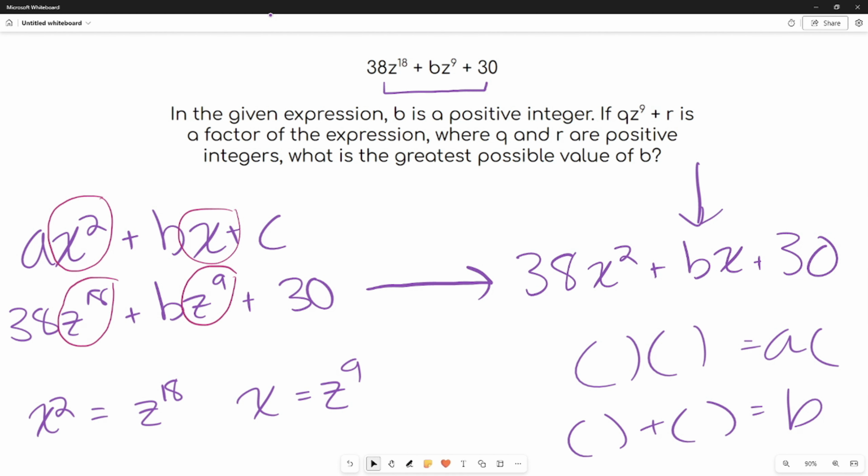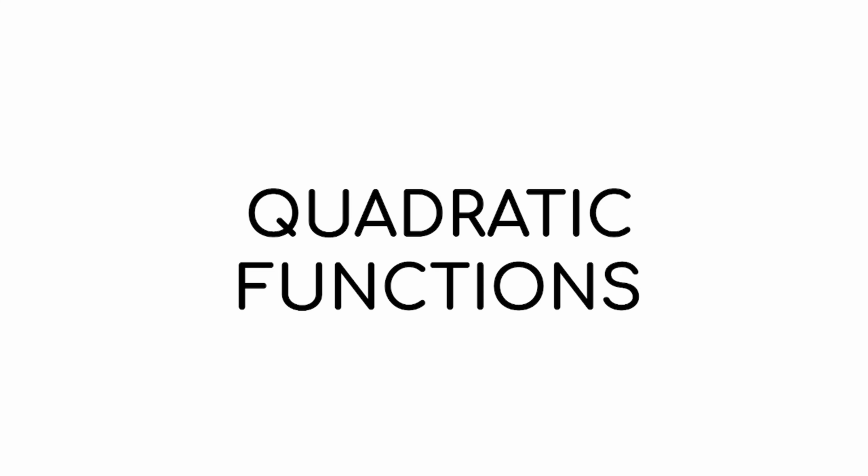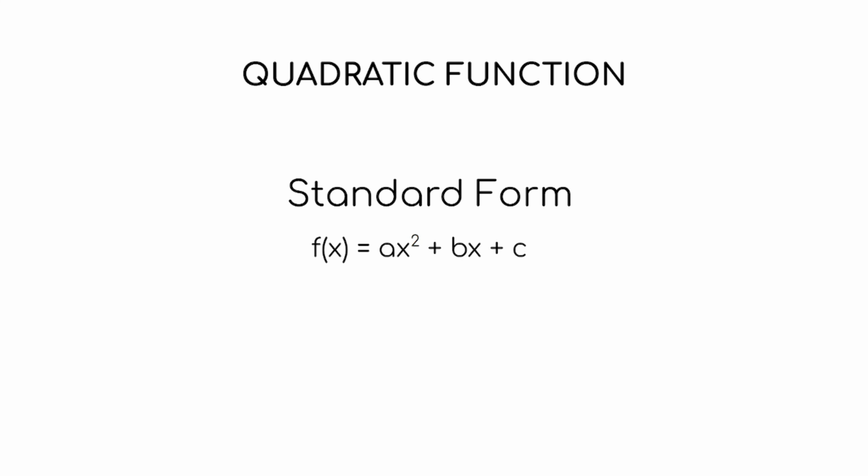Moving on to quadratic functions, you'll need to know three equations. The first one is the standard form, which is also the exact same as the standard form for a quadratic equation: f of x is equal to ax squared plus bx plus c. Since this time we're dealing with graphs, there are two different things you can get from this equation.